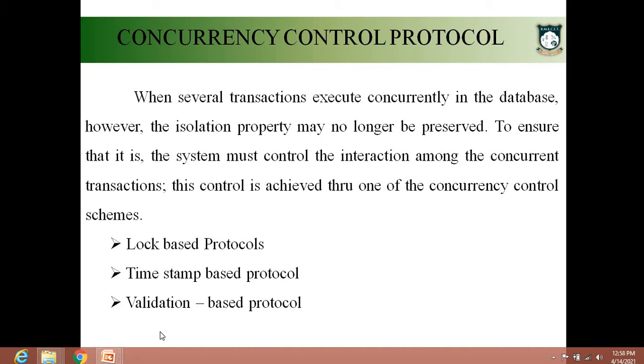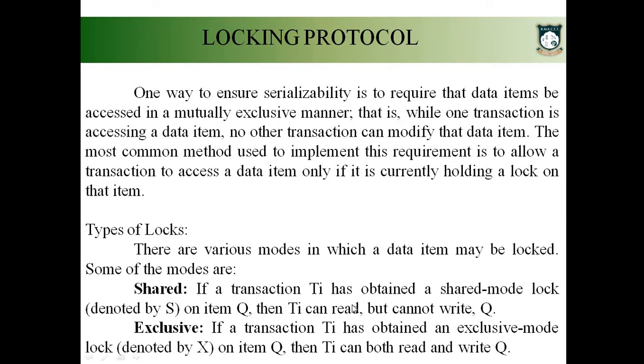Fine. So there are different concurrency control protocols available: lock based protocol, timestamp based protocol, and validation based protocol. First let us discuss lock based protocols. In lock based protocol, whenever a transaction wants to use a data item, first of all it should lock the data item.